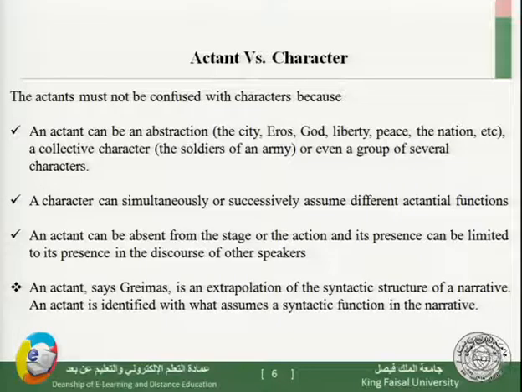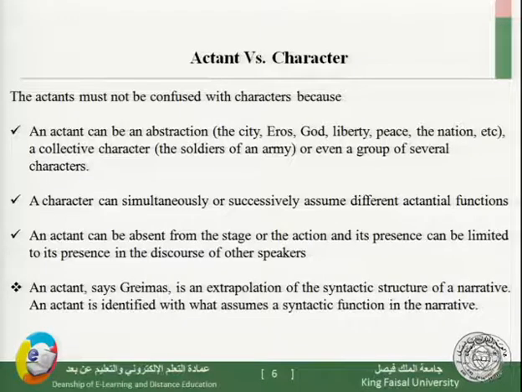Its presence can be limited to the discourse of other speakers. So the characters speak about this acton, like the characters want peace or they want justice, but there is no character, it's completely absent. No one is there to represent this concept. So the acton might be absent completely from the action and present only in the discourse of the other characters.